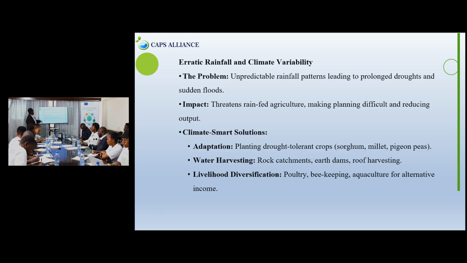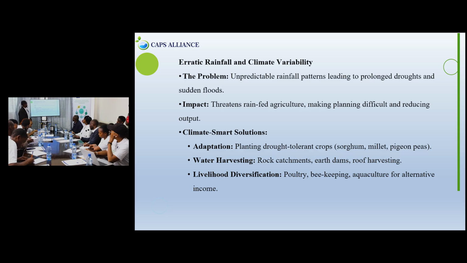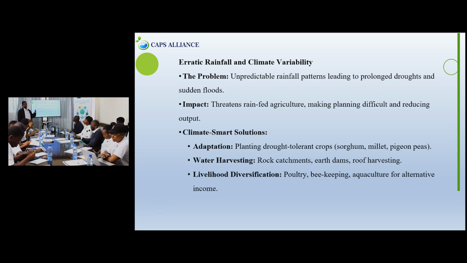Now, the issue to do with erratic rainfall and climate variability. The problem is unpredictable rainfall, and this happens mainly in arid and semi-arid regions. The impact is that it threatens rain-fed agriculture. Rain-fed agriculture in semi-arid and arid regions is not tenable.